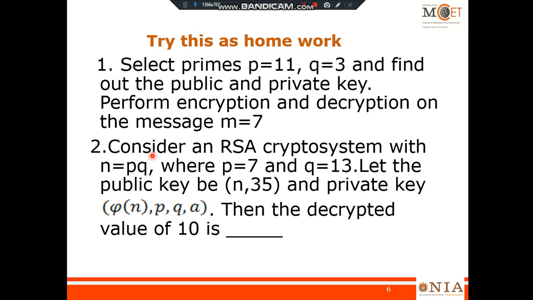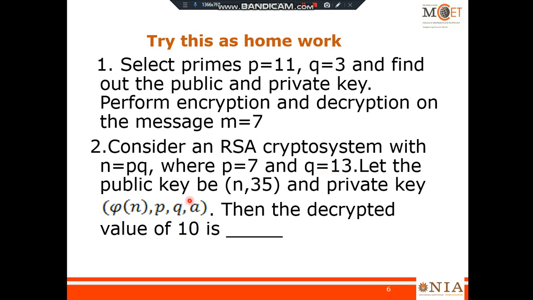For your second problem, consider an RSA crypto system with n equal to PQ, where P is 7 and Q is 13, and your public key is (n, 35). You are supposed to decrypt and find the plain text for the ciphertext 10. Since P and Q are known, you will be able to find phi of n.